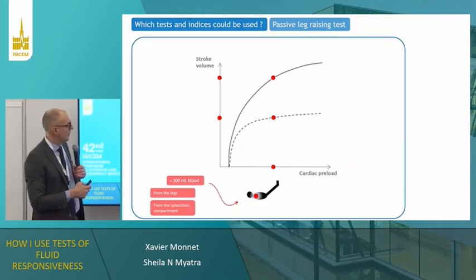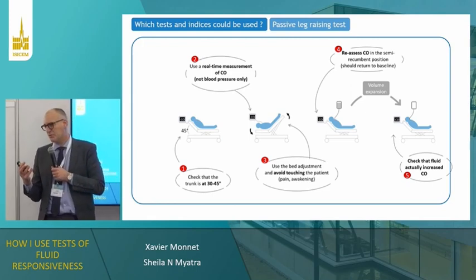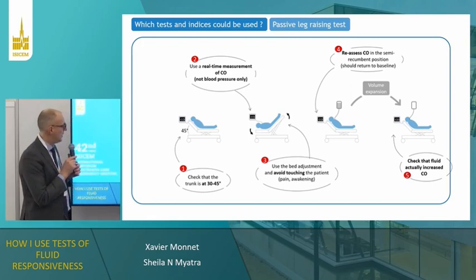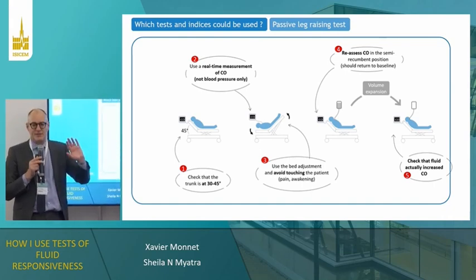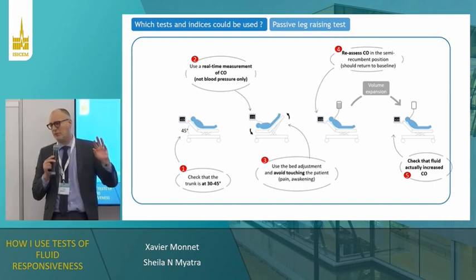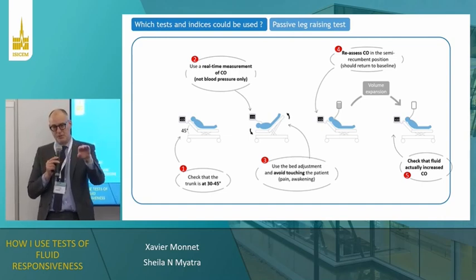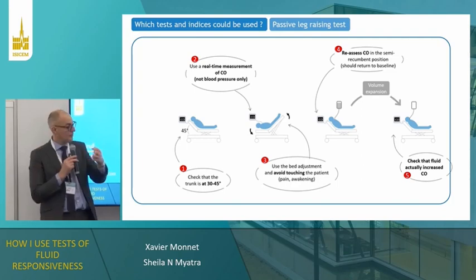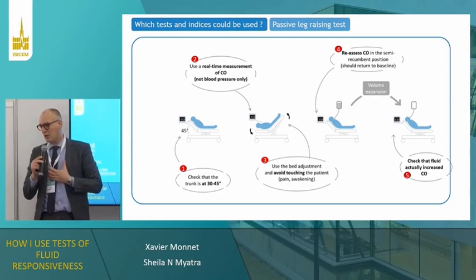The way you do passive leg raising is quite important to consider. First, you might start at 45, at least 30, 45 degrees. If you start in the horizontal position, you will not mobilize the volume of blood that is in the large splanchnic compartment.